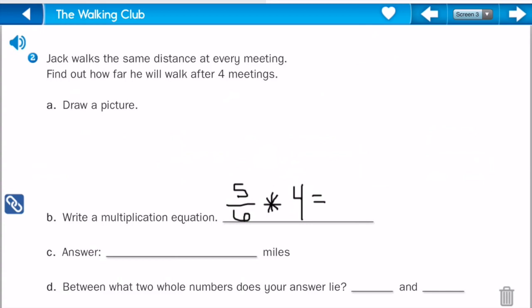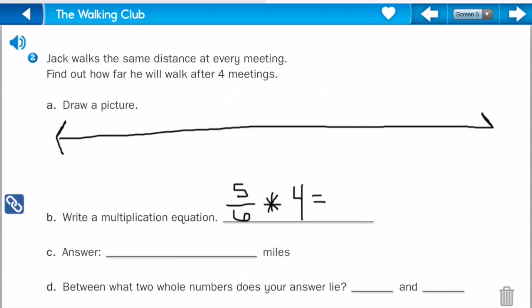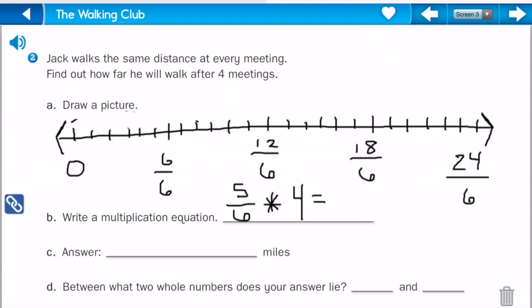So last time we used fractions to figure it out. This time, let's draw a number line. Start off with 0, and remember we're doing sixths. So he goes over 5/6. So we'll count on the number line. 1, 2, 3, 4, 5. So we'll go over here. And then we'll do 5 more. 1, 2, 3, 4, 5.